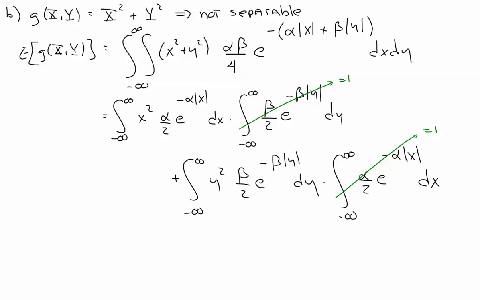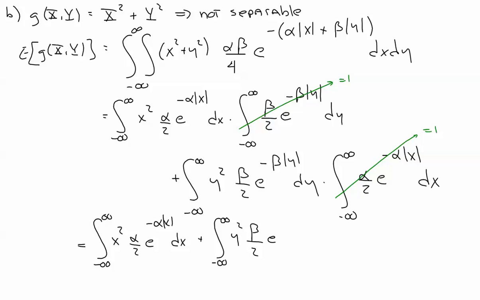And what results is the integral from minus infinity to infinity of x squared alpha over 2 e to the minus alpha absolute value of x dx, plus the integral from minus infinity to infinity of y squared beta over 2 e to the minus beta absolute value of y dy. Let me move to the next page to continue this.